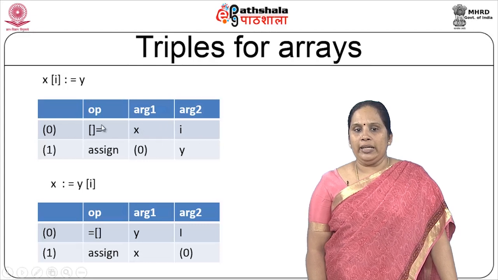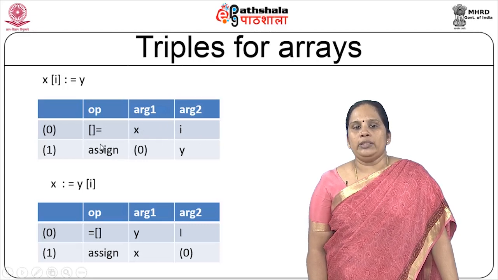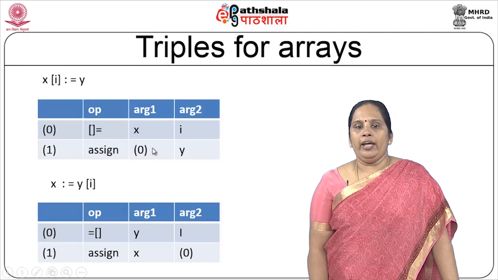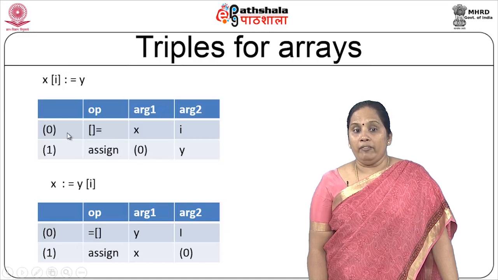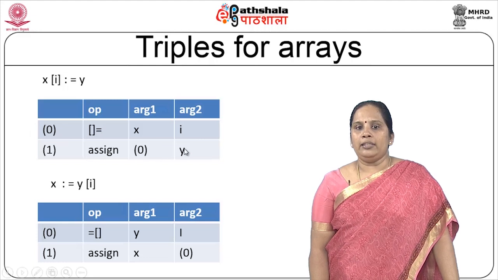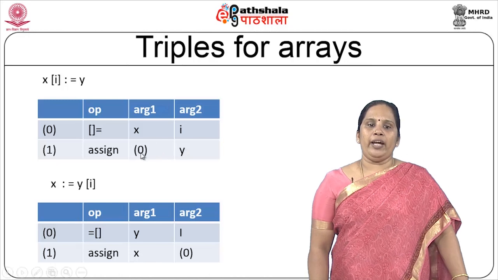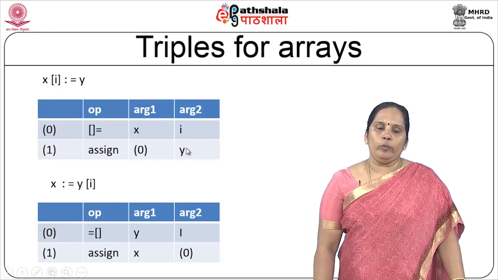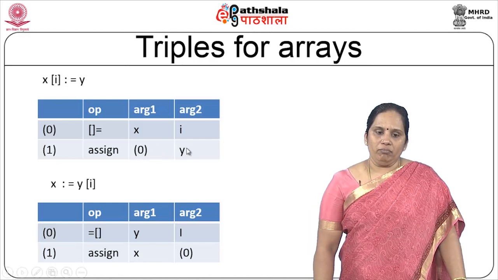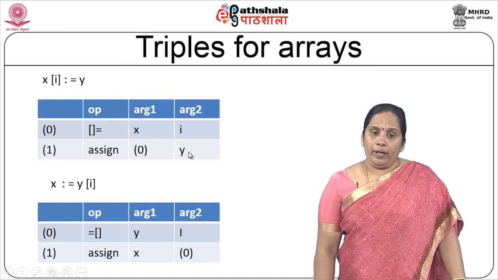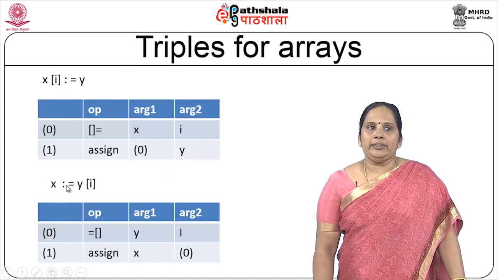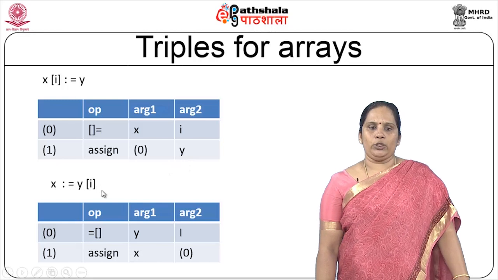And then the next one is the assignment operator, where this is the target, so I am putting it here, and the second argument happens to be y. So the target is specified in argument 1, and argument 2 will be the other operand. Now x is equal to y of i is your next situation.